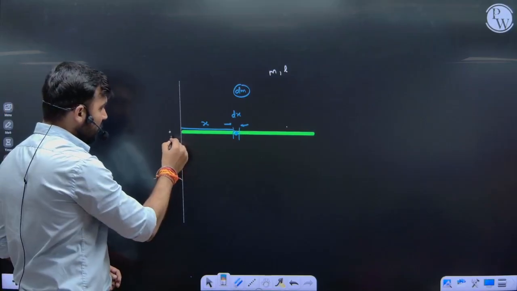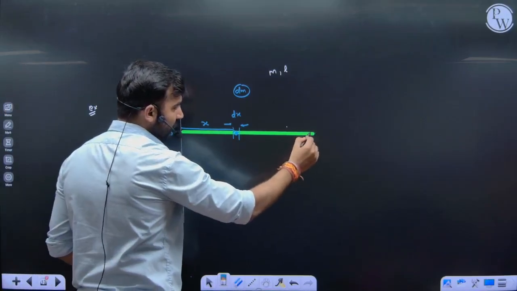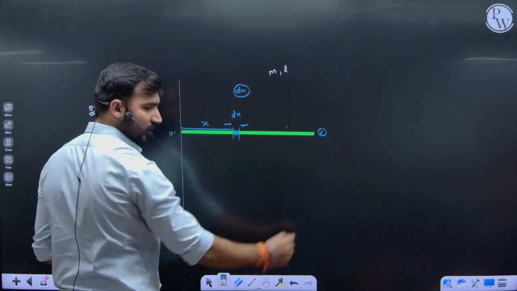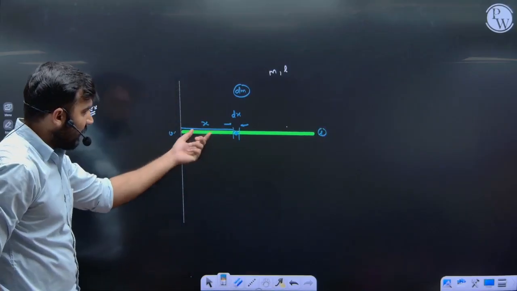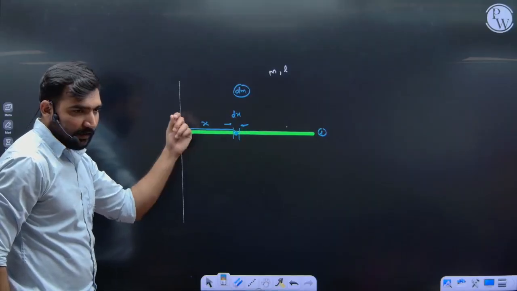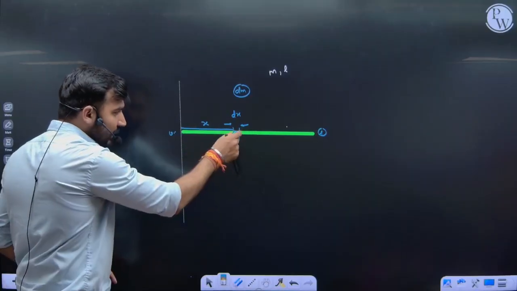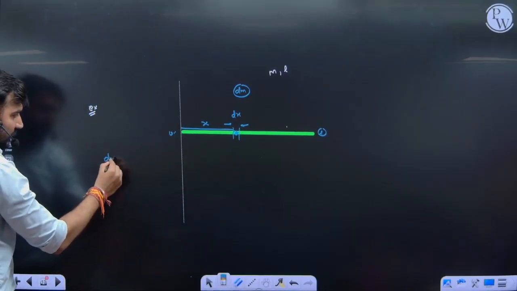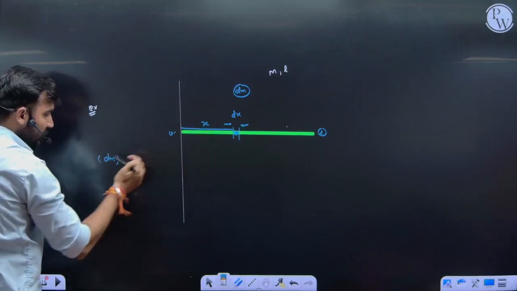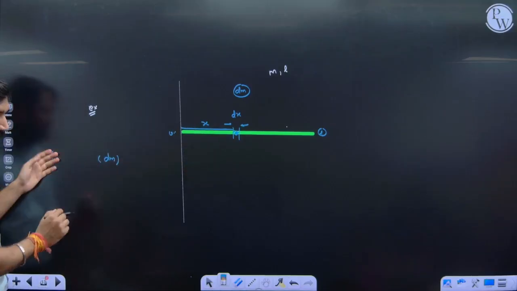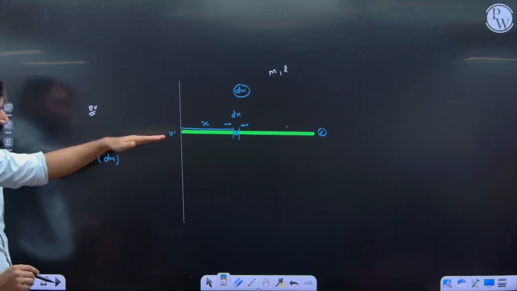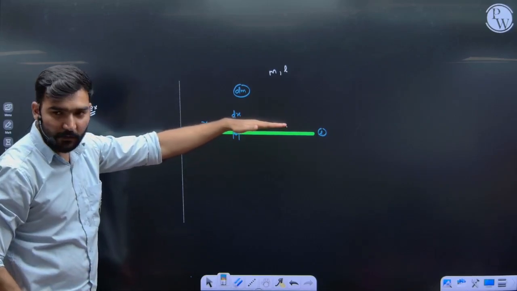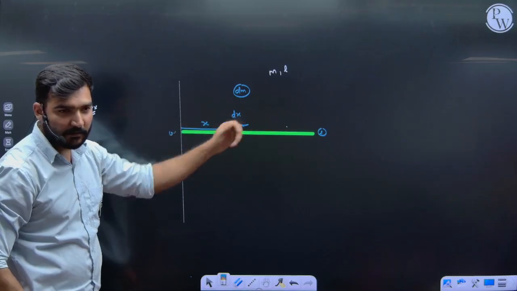This coordinate is 0, 0, and this length up to here is L. I am going x distance, and the dx element I have taken. Can you write its mass moment? Very easy, sir. Its small mass into its position. I am writing only the x coordinate, and y, z coordinate I won't write, because if it is placed on the x axis, its center of mass comes on the x axis.